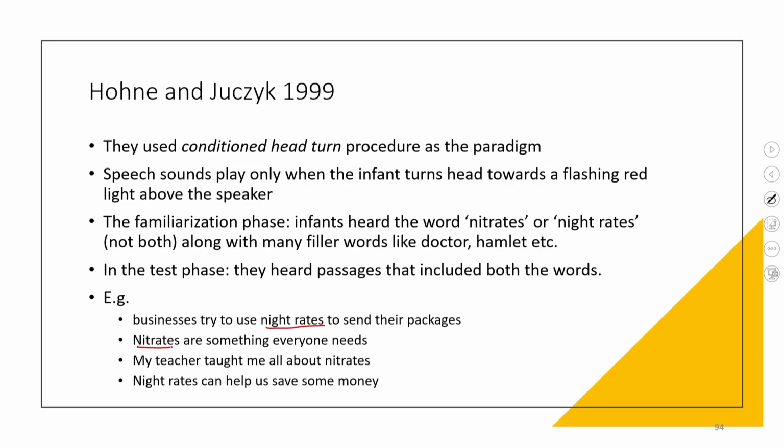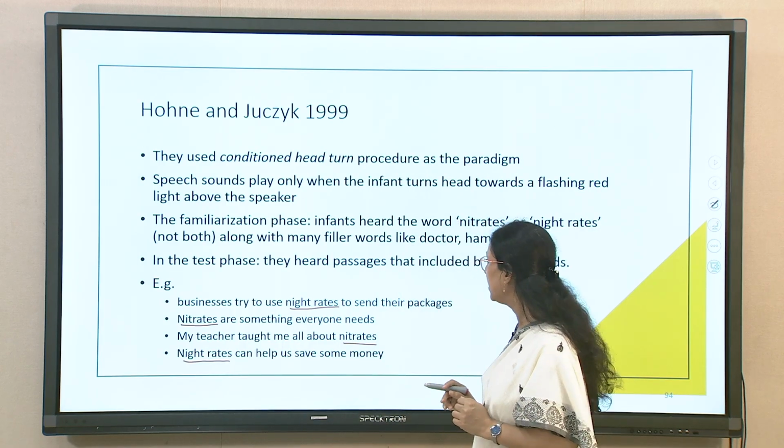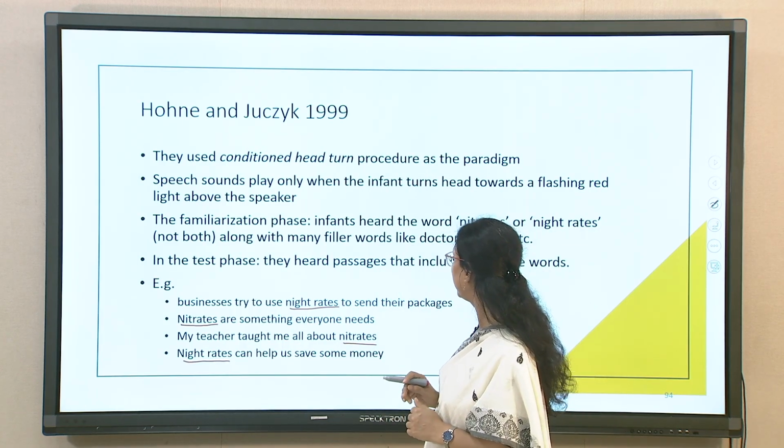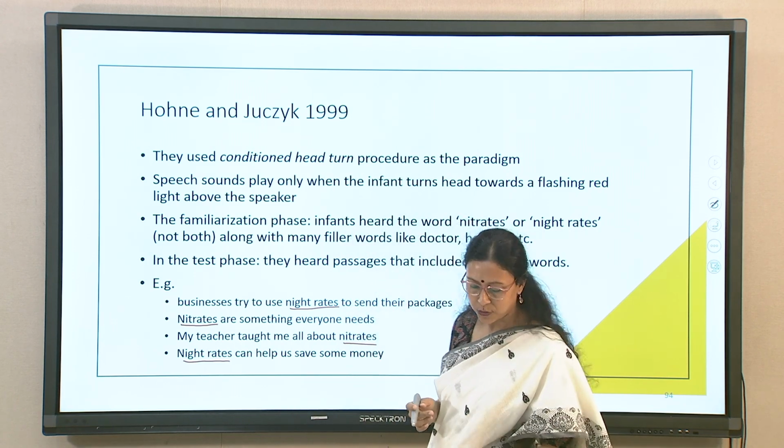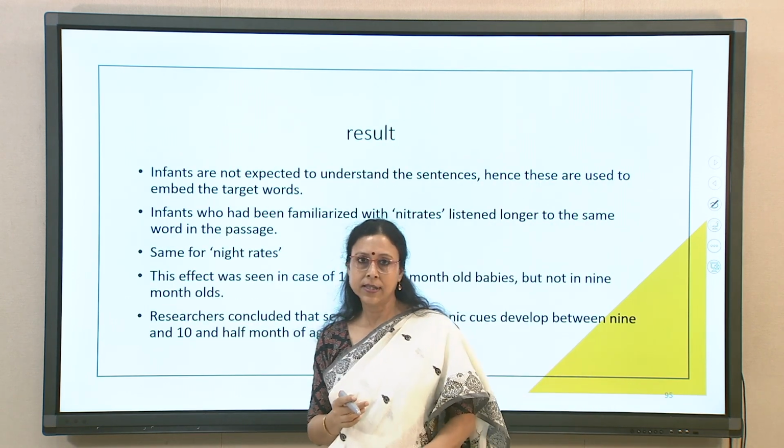Similarly, here it starts at the beginning, and again at the end, so they have also modified the position of the words they were trying to check. "Businesses try to use night rates to send their packages," "Night rates are something that everybody needs," and so on. What did they find?